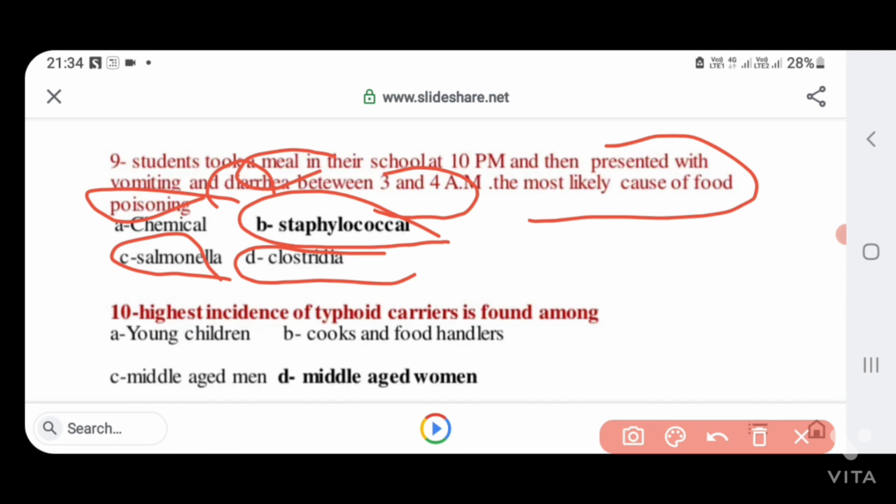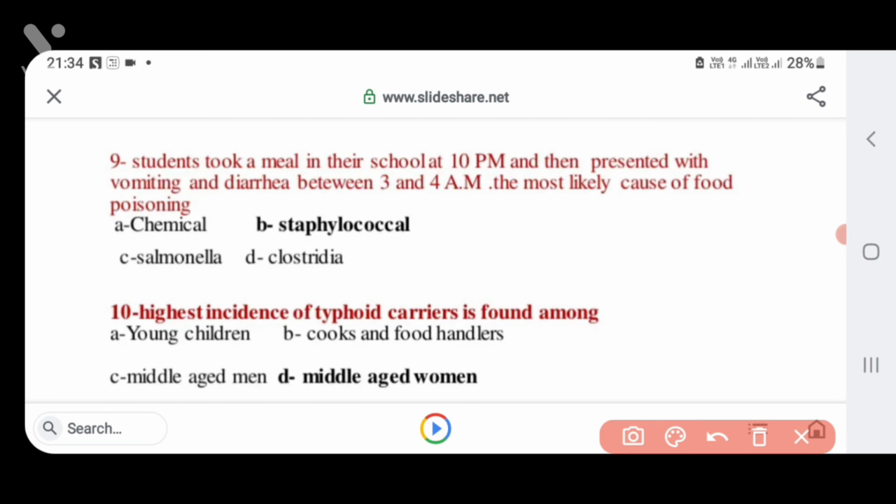It does not affect them, the microorganism is living as a shelter house inside that body, but does not harm them. But that carrier can cause infection if that carrier has contact with others. If you take the example of coronavirus, some people become carriers, they carry the virus, but they are not affected by that virus. Like that, typhoid carriers are most often middle aged women. Okay.